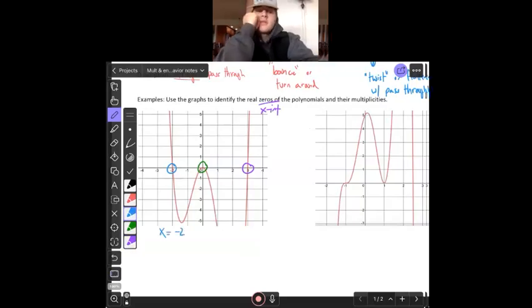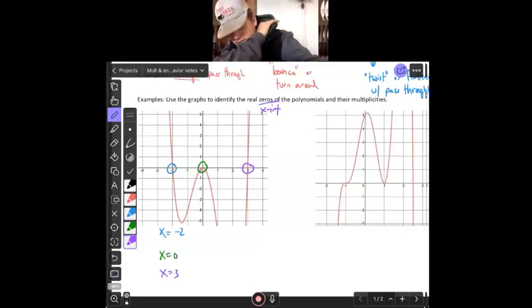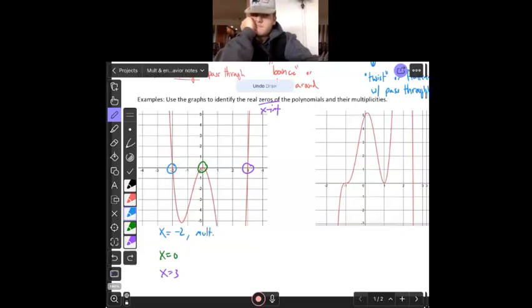So x equals -2, x equals 0, and x equals 3. Those are the 3 x-intercepts I see. What's the multiplicity of each? This is where we now look at the shape. What's happening right here? As I look at that, it's going straight through -2. Where did straight come from?